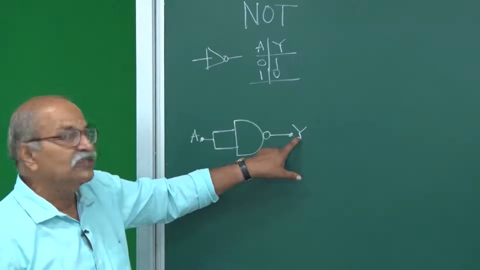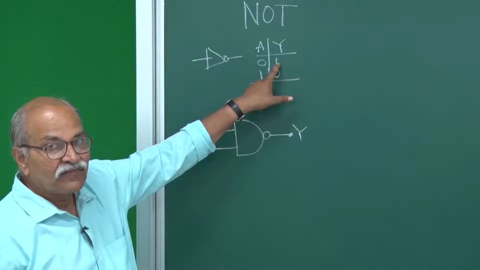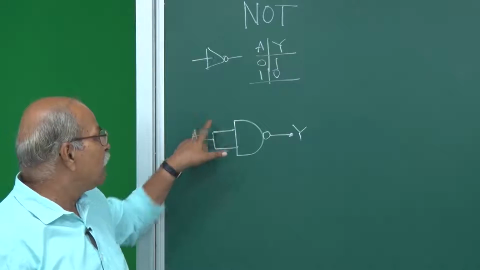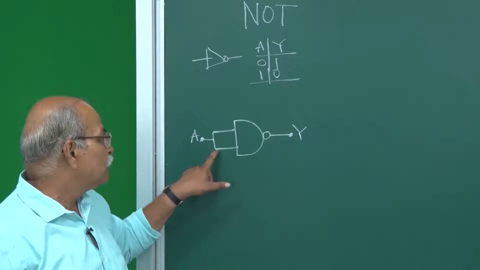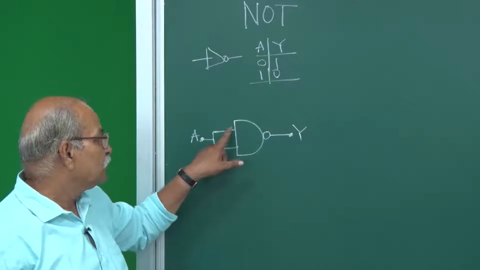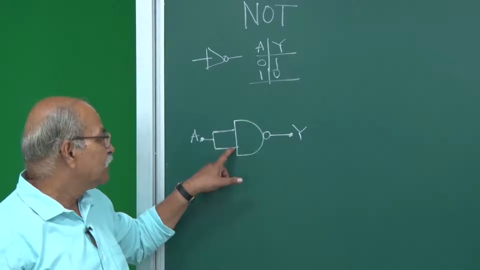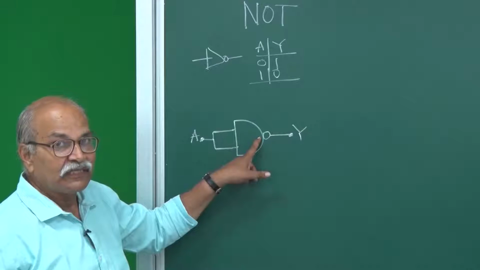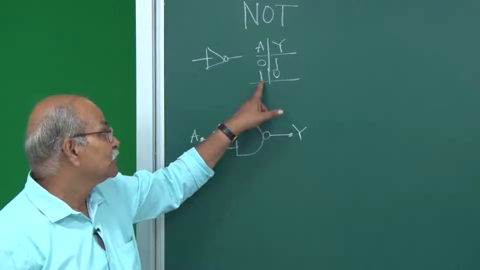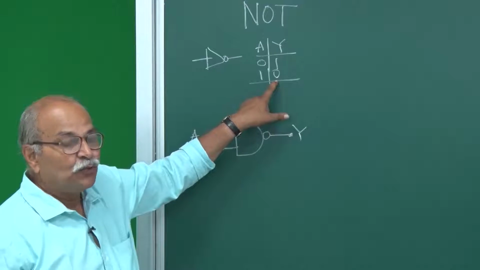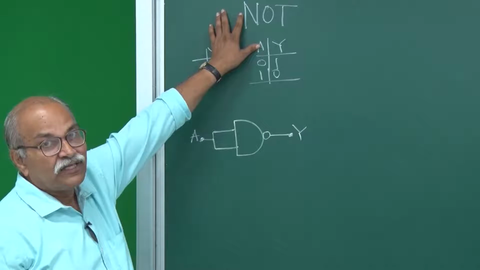So Y will become 1. So if this is 0, this is 1. And if A is 1, you are giving 1 here, you are giving 1 here. So both the inputs are 1, 1. AND gate 1, 1 will become 1. And then NOT of that will become 0. So this 1 becomes 0. So only using the NAND gate I can get this NOT gate.